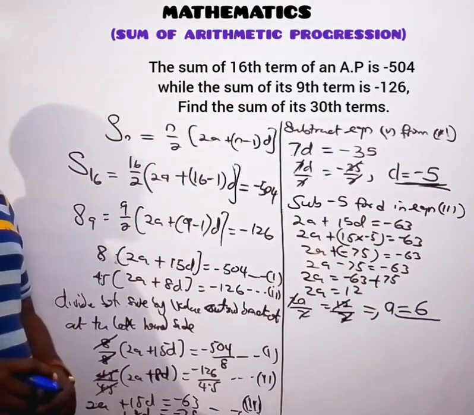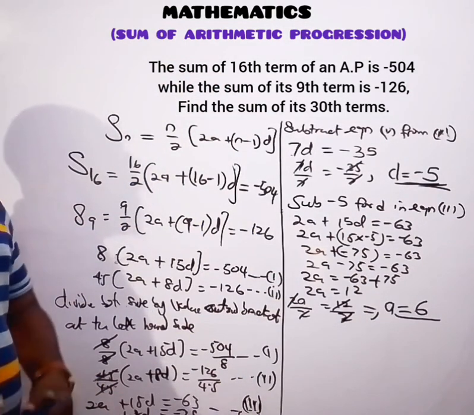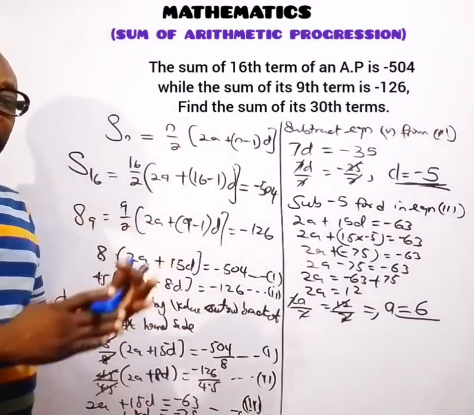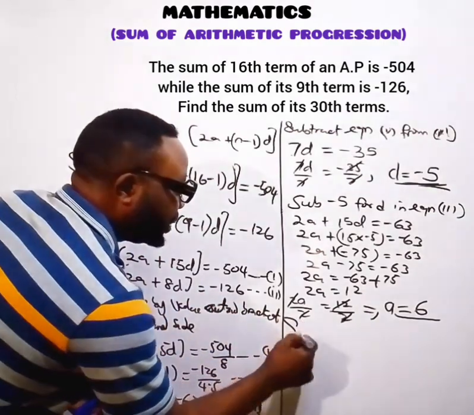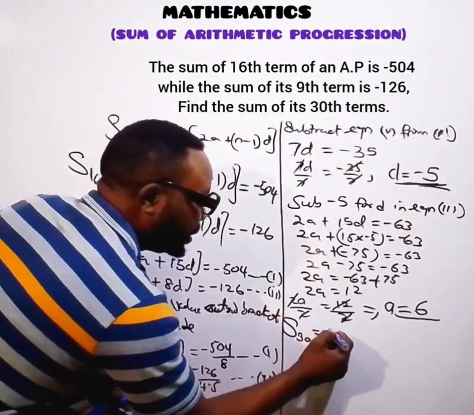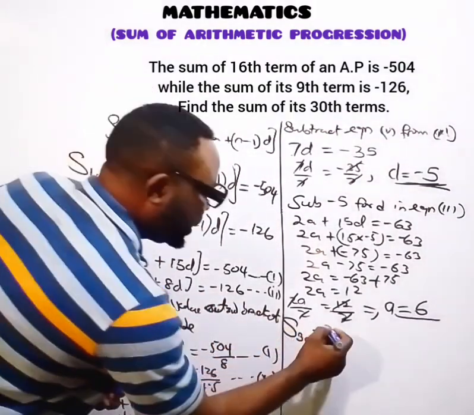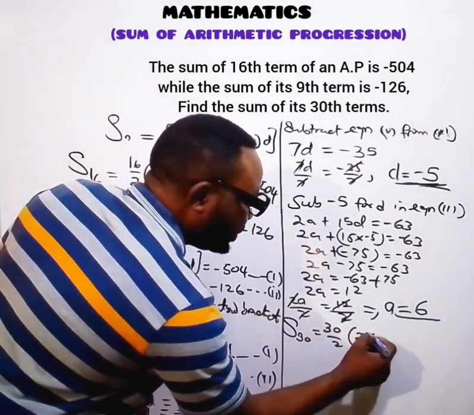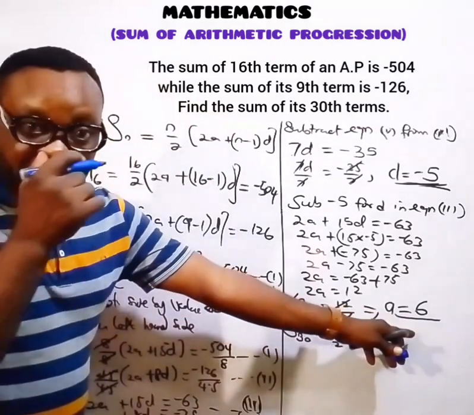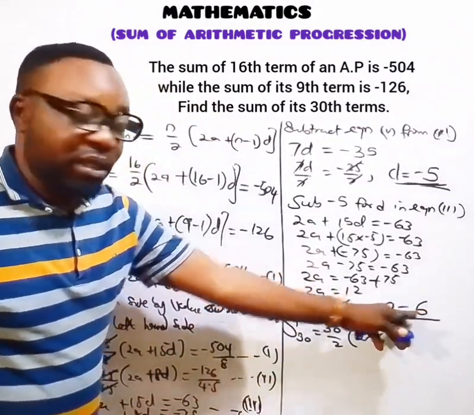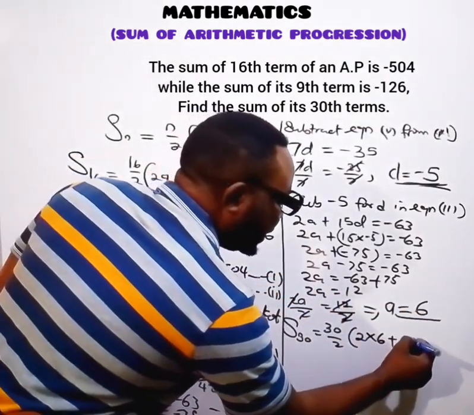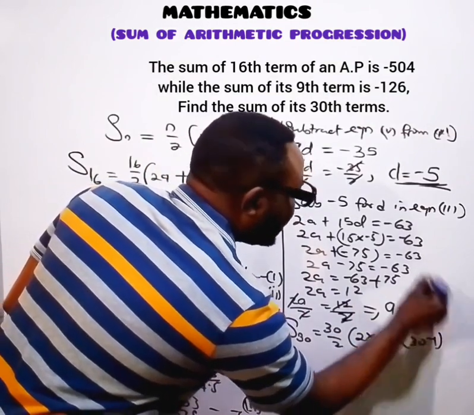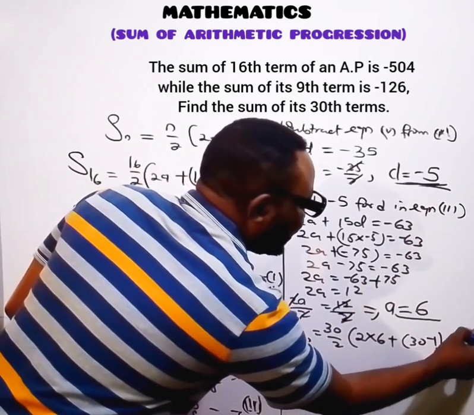We are asked to find the sum of the 30 terms. It will be easier for us now because we have the first term and the common difference. The sum of the 30 terms is 30 over 2 into bracket 2 multiplied by 6, because it is 2a, the first term, plus n minus 1, 30 minus 1, into bracket of common difference minus 5.